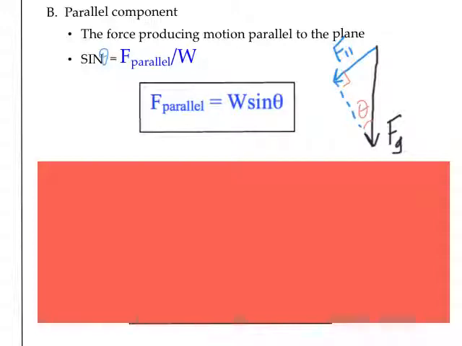So my parallel component can be written as the weight, or the gravitational force, times the sine of the angle, if I were to rearrange those. And I went ahead and wrote out the entire subscript variable for you for that whole word parallel, but you can abbreviate it. And remember also that the weight and the gravitational force are the same thing, so you can substitute that variable as well.